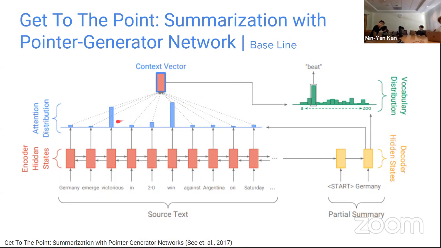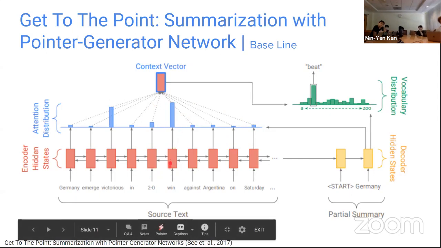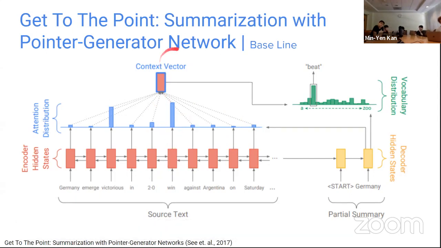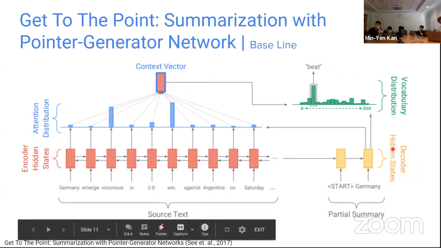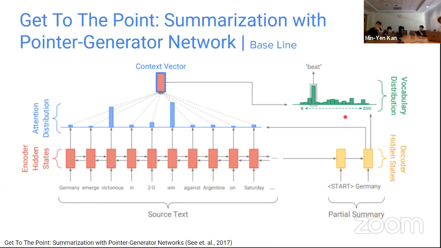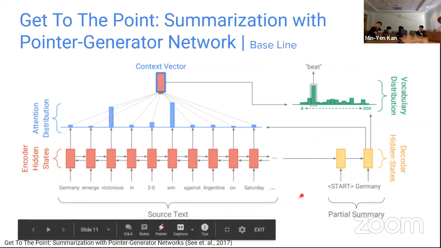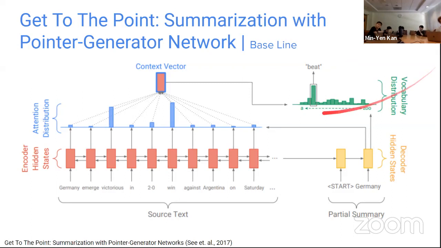Then you combine this attention with the hidden states here into a context vector. Combining your context vector with the decoder, I'll explain how they do that, you find a vocabulary distribution, right? And this distribution is actually not only over the source words, but over your whole vocabulary.